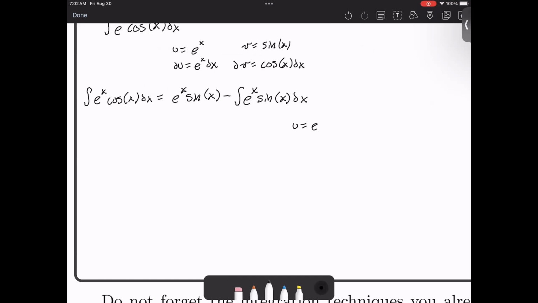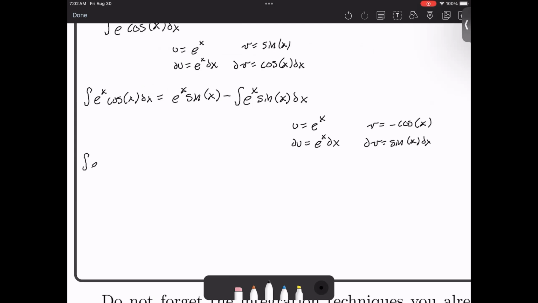So we'll choose to differentiate the e to the x function again, and we will integrate the sine of x function. So v will be minus cosine of x. Du is e to the x dx.